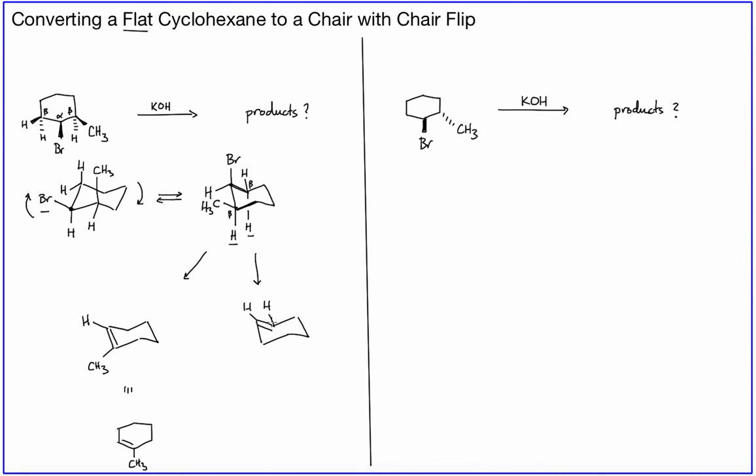The hydrogens are going to be cis to one another. So we're eliminating HBr across here. We're in a 6-membered ring, so they have to be cis. We put in our remaining substituents.